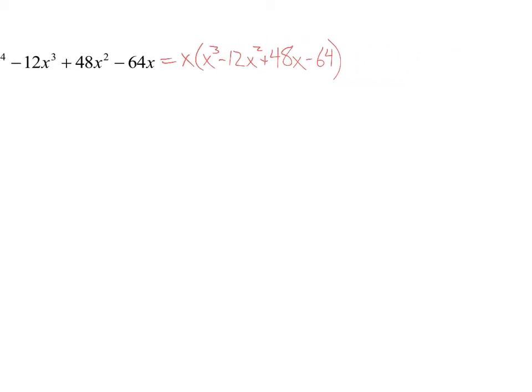So I want to figure out where this equals 0, because I'm trying to find x-intercepts. Just set that part equal to 0. So I've got this cubic part equal to 0. How am I going to figure out where that equals 0?